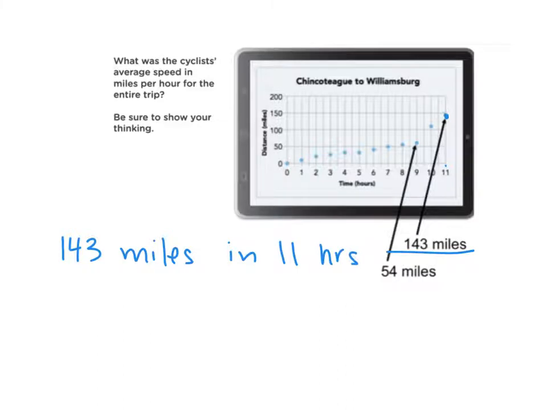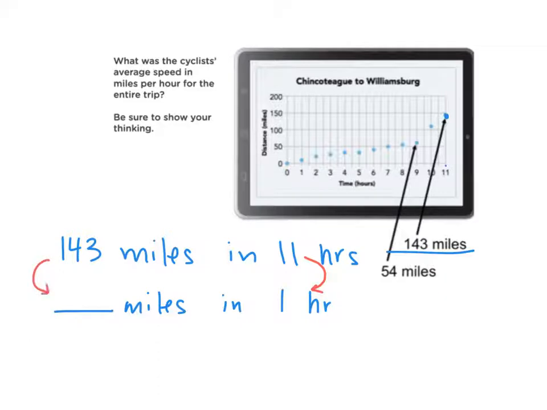And to find speed, I need to figure out how many miles in just 1 hour, per hour. So we have to think about how to scale this down. If I can do 143 miles in 11 hours, think about what you'd have to do to find out how much you would do in just 1 hour.